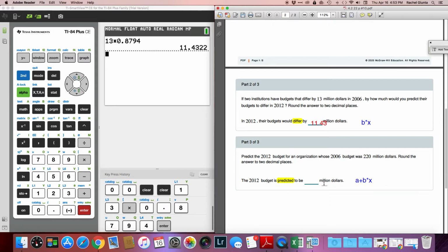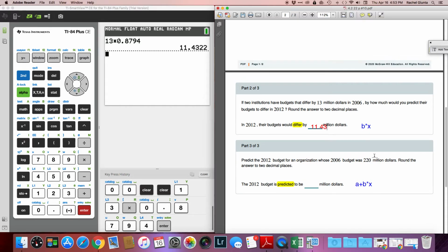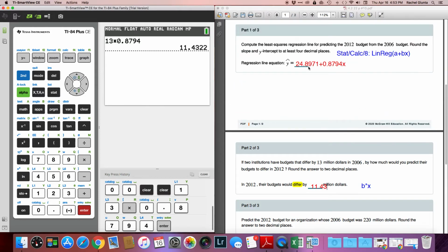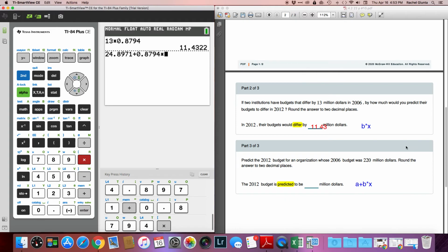Okay, and then if it says predict, you're going to plug it into the whole equation, and so $220 million here. So it's going to be 24.8971 plus 0.8794 times the number that they give you, 220, without the million.